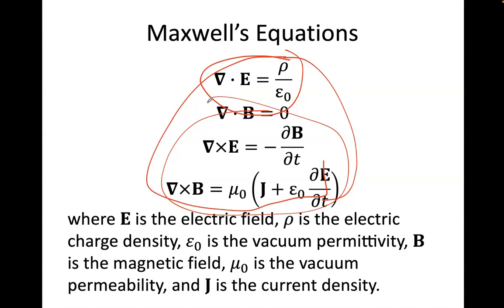Here E is the electric field, rho is the electric charge density, epsilon sub 0 is the vacuum permittivity, B is the magnetic field, mu sub 0 is the vacuum permeability, and J is the current density. So these foundational formulas for electromagnetism are based on divergence and curl. That's one place you're going to see them.